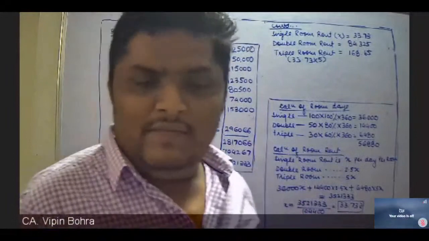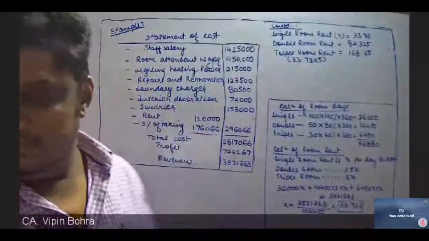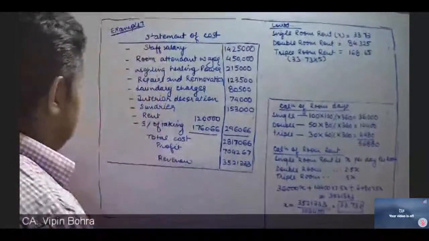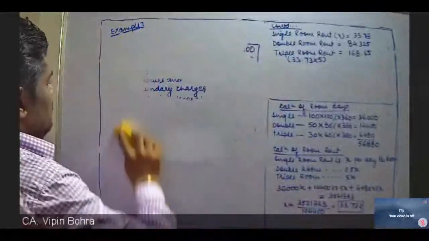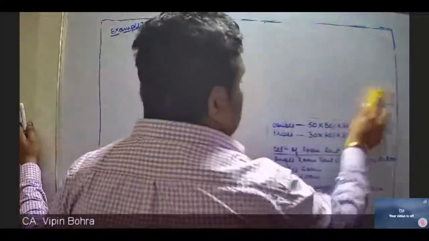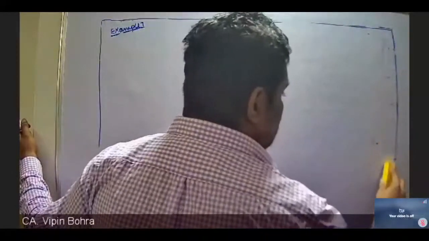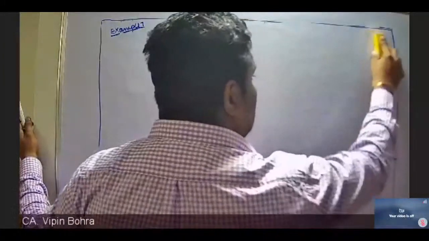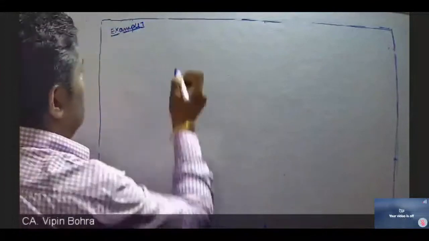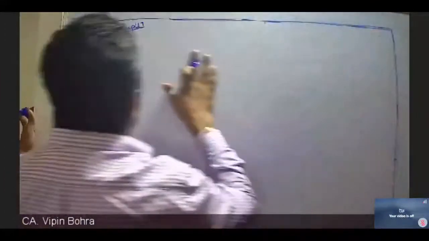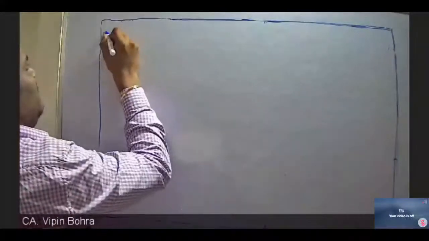Now, since we have to calculate the profit, first of all we have to calculate the revenue, the total income, how much we are generating. From my material, it is example number 8.